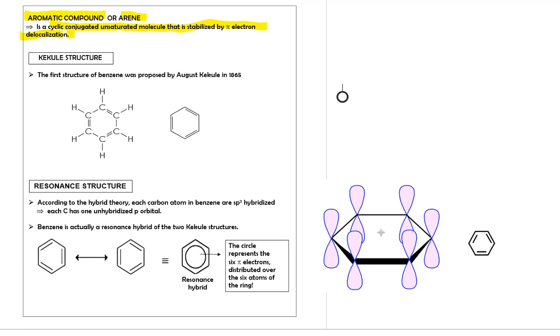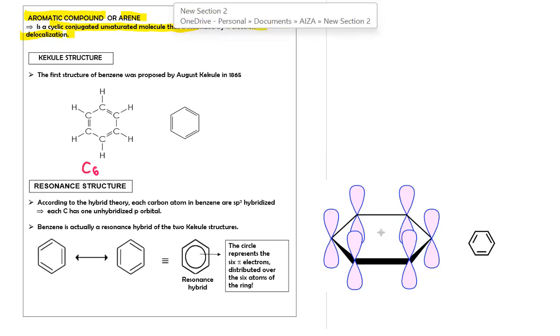According to the Kekulé structure, this is the expanded structure of benzene. There are 6 carbons and 6 hydrogens. If the number of carbons and hydrogens is the same or almost the same, it means it has a benzene ring. It's not 2 times.